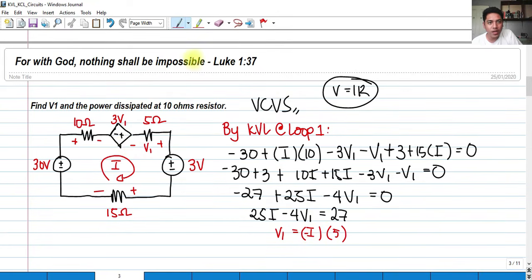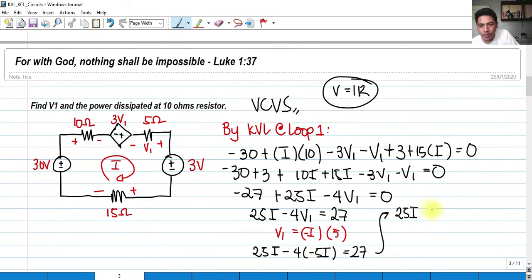So if we substitute that to our V sub 1, again, you have 25i minus 4 times negative 5i. Because 5 times negative I is negative 5i. We have 27. And we have 25i, which would be plus 20i.